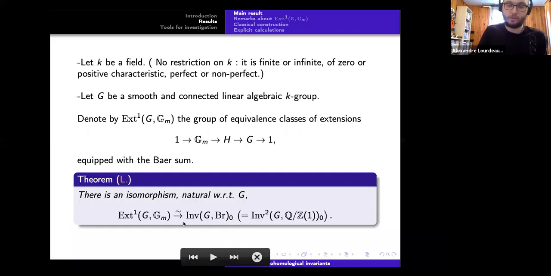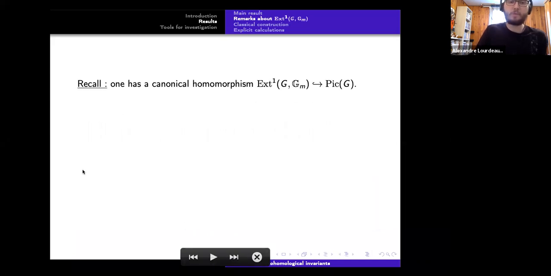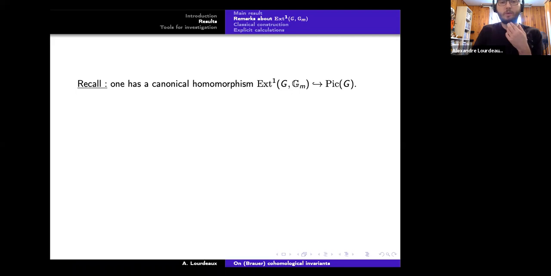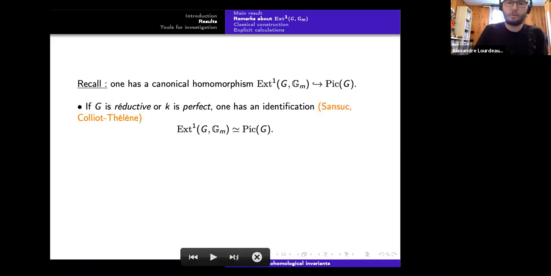So once we have this formulation, I make some remarks on the extension group. So we recall that one has a canonical homomorphism from X^1 to the Picard group of G. When G is reductive or the base field is perfect, one has an identification between X^1 and the Picard group.